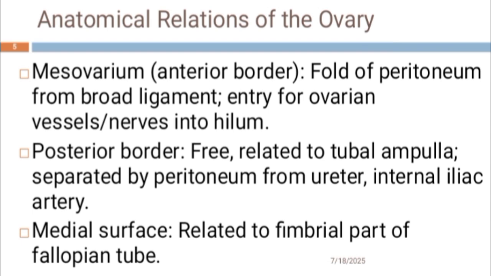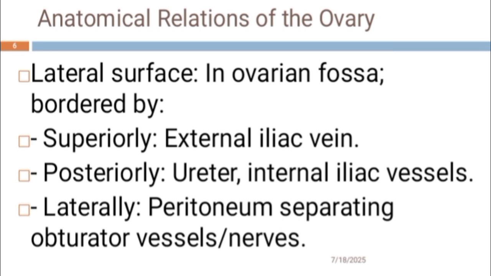The medial surface interacts with the fimbrial part of the fallopian tube, while the lateral surface sits within the ovarian fossa, bordered superiorly by the external iliac vein, posteriorly by the ureter and internal iliac vessels, and laterally by peritoneum separating the obturator vessels and nerves. This intricate positioning underscores the ovary's vulnerability during pelvic surgeries.